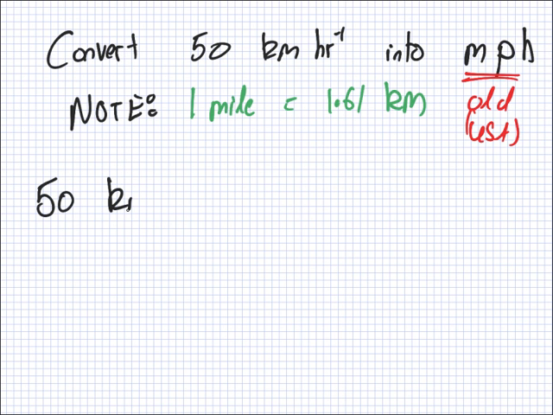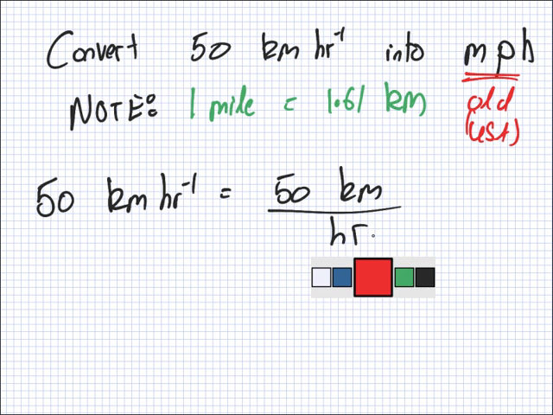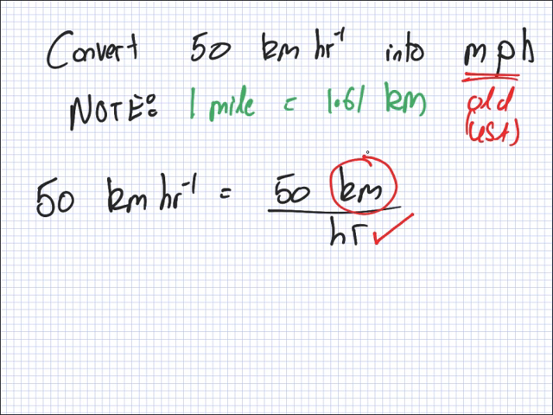50 kilometers per hour equals 50 kilometers over hour. Now, let's look at this together. We want to get miles per hour. So I'm happy that we have hour here, because we want hour. But do we want kilometer? No, we want miles. So we need to change this one.